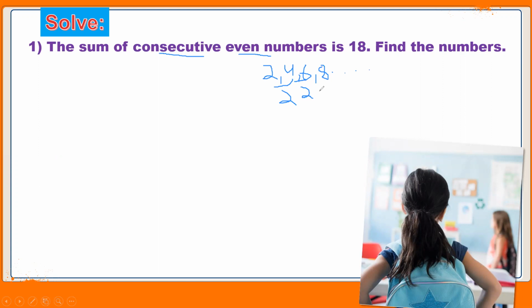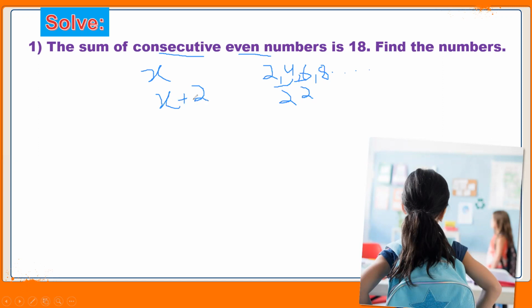The difference is 2. Students, suppose the first consecutive even number is x. If the first even number is x, then the second consecutive even number must be equal to x plus, not 1, plus 2.